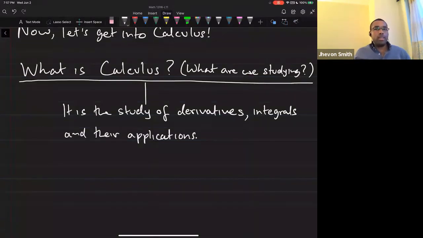So that's mainly what, if you were to say in a phrase, what are we studying when we study calculus? We're studying things called derivatives, we're studying things called integrals, and we're studying how we can apply them to stuff. So now you might be wondering, well, what's a derivative and integral?